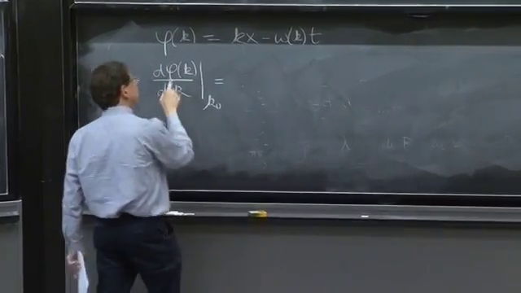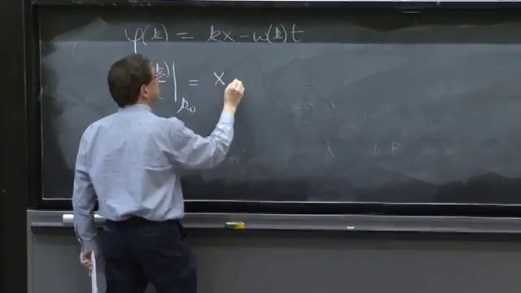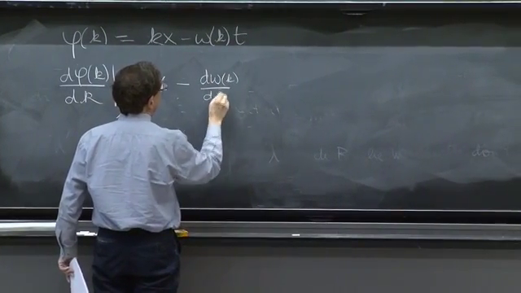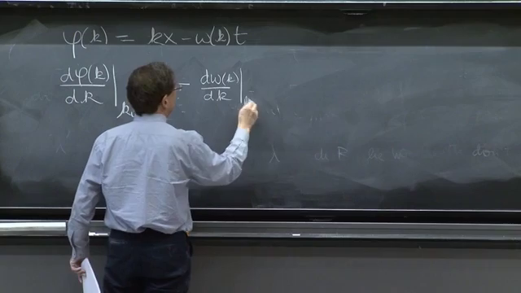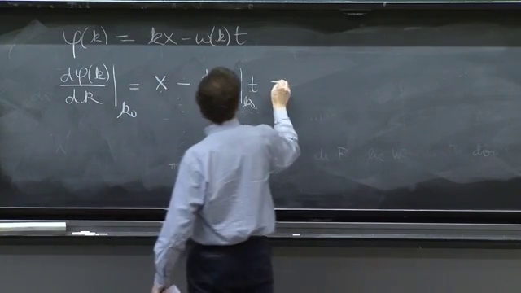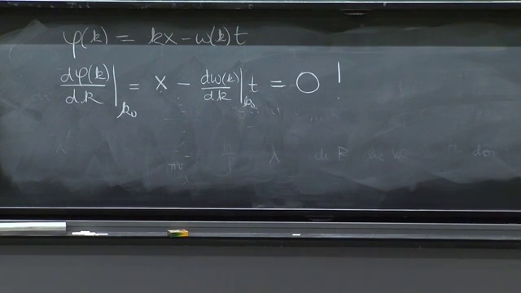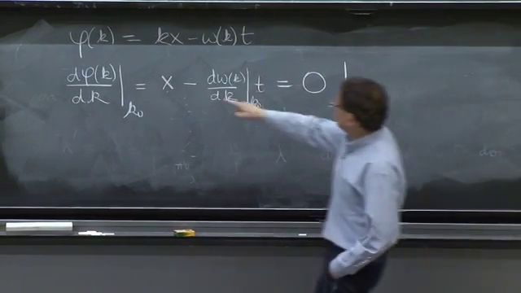So the derivative with respect to k is x minus d omega of k dk at k0 times t, and this must be 0. Stationary phase. The phase has a stationary point. And look what you get. It says there that you only get a contribution if this is the case.